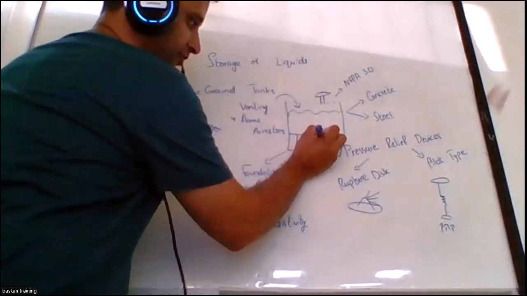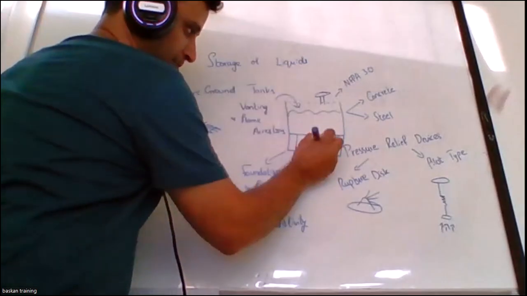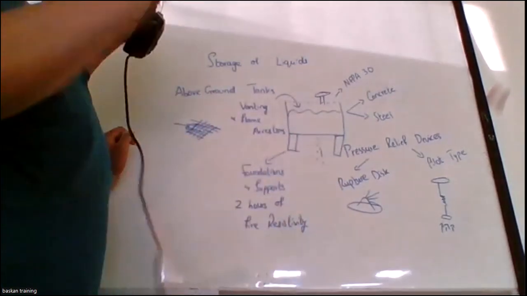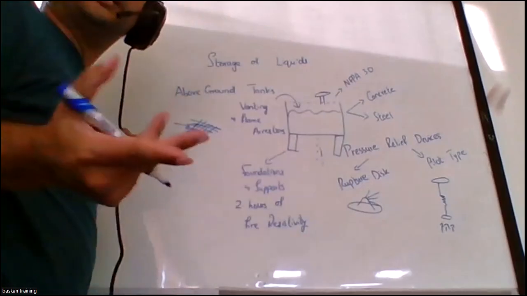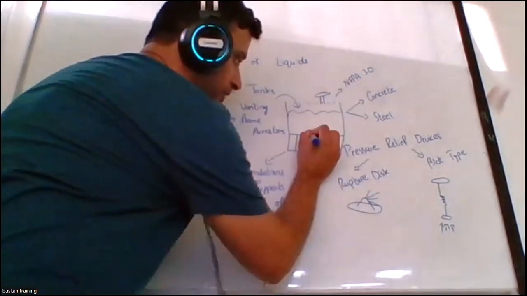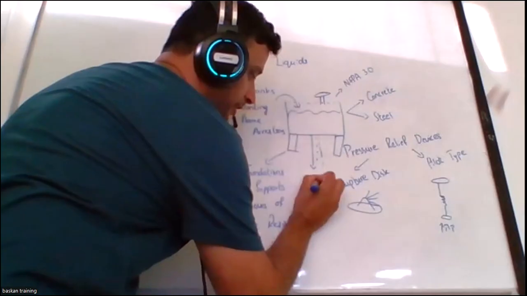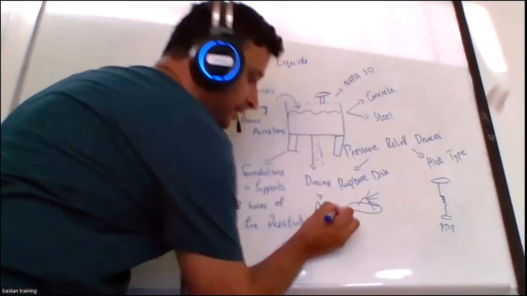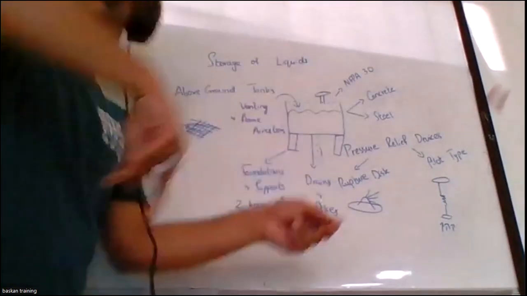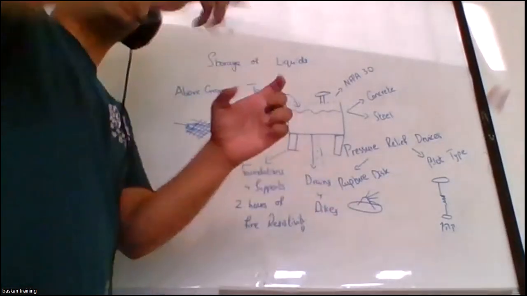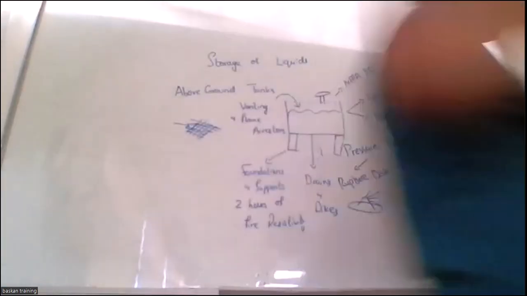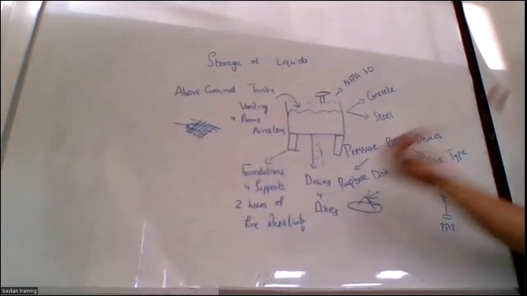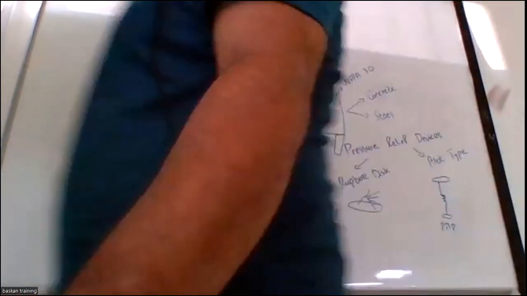If there is any leakage in the above ground tank, you don't want the liquid to be spread out throughout the facility. For that purpose, the leakage of the liquid should go into drains. Through drains, it will be collected in the dikes. Drain is there, and then you have a big pit where the liquid is collected. You don't want the liquid to spread throughout the facility. So drains and dikes are there.